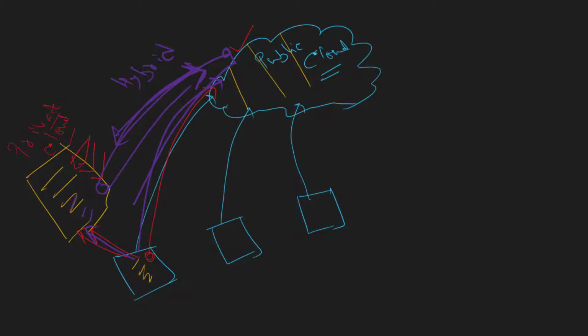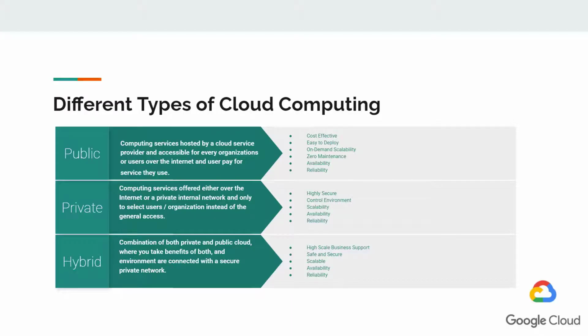This provides you great flexibility and it reduces your IT overhead as well, because in case you need on-demand addition of a specific set of resources, you are not completely depending on your own infrastructure. So I hope now you got a fair understanding of what is public cloud, private cloud, and hybrid cloud.